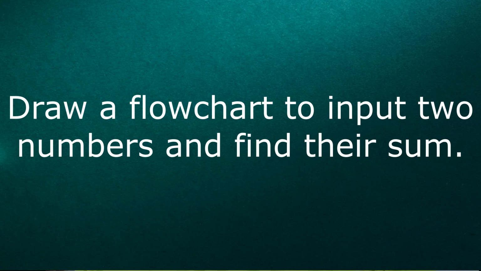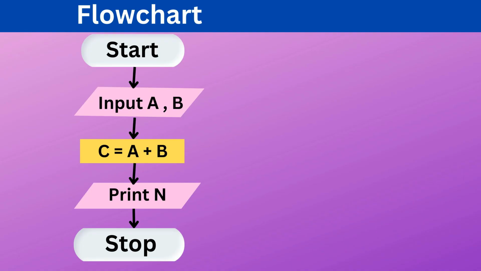As you see, the flowchart begins with the start symbol, marking the beginning of the process. Next, the input-output parallelogram symbol accepts two numbers from the user using input A, B, into the variables A and B.